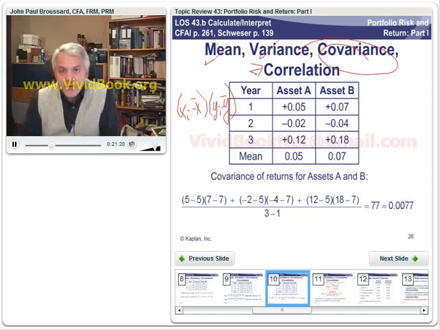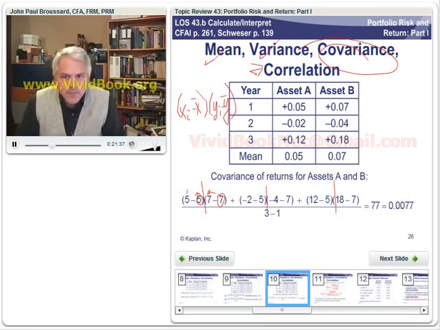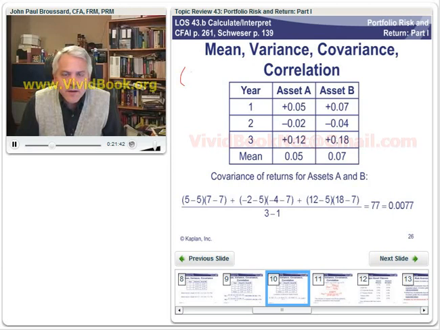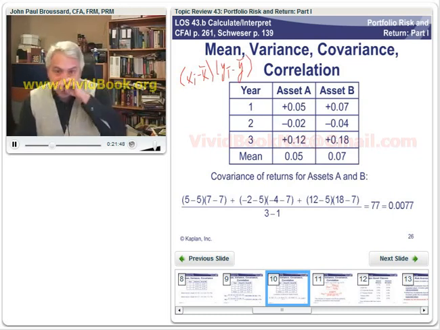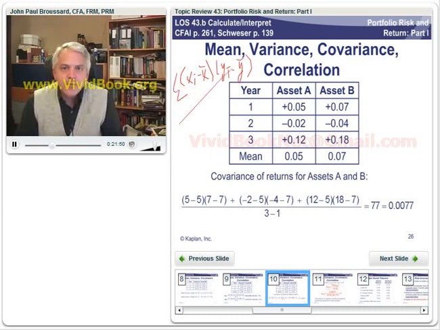I'm going to put a little bar between each of these to make sure you see that it's between asset A and asset B. Let me clarify that. It's xi minus x bar times yi minus y bar, where the bar is the mean. We sum that up and divide by n minus 1.